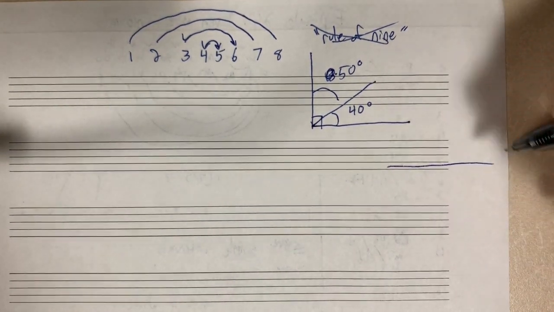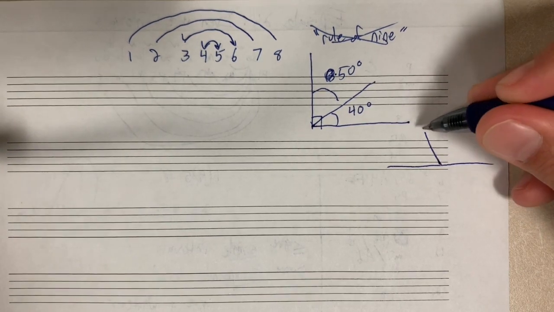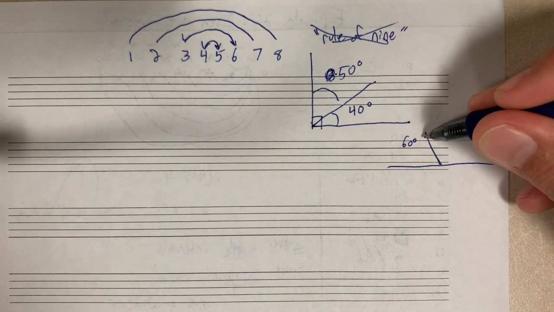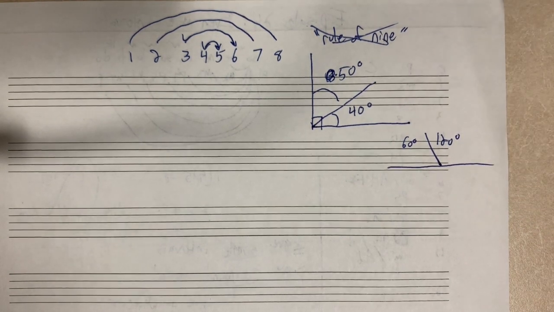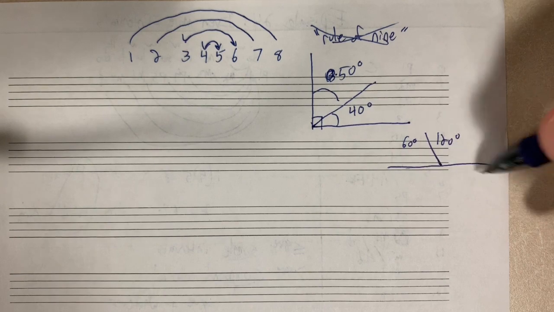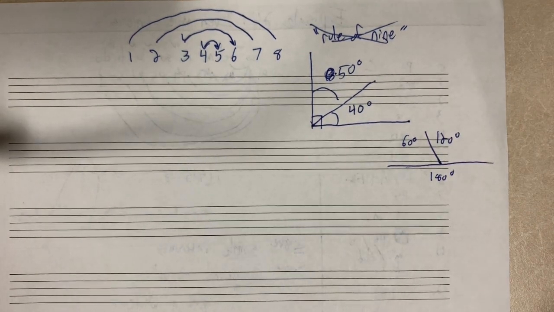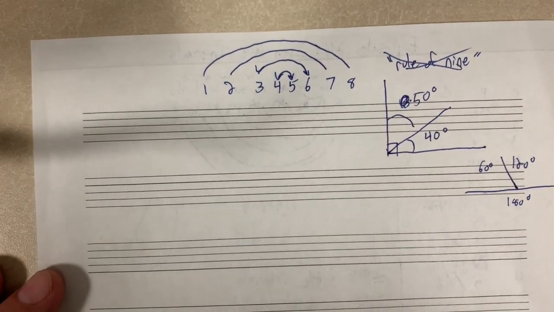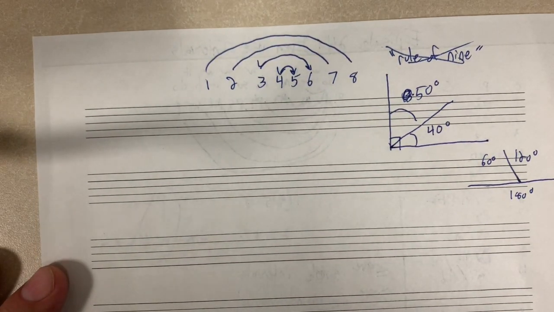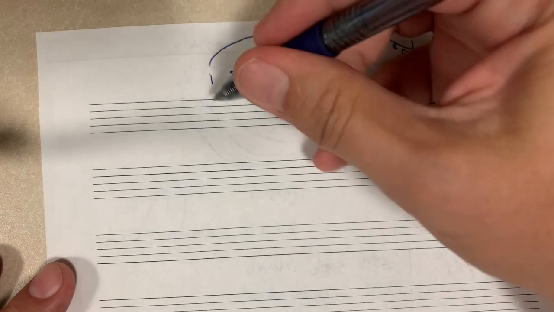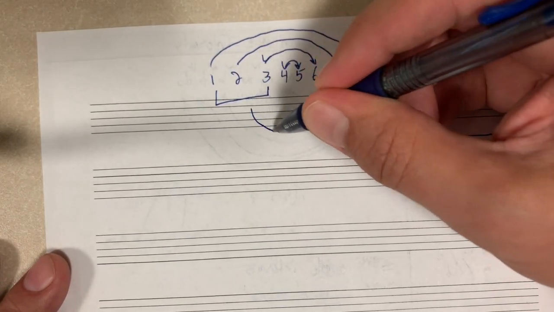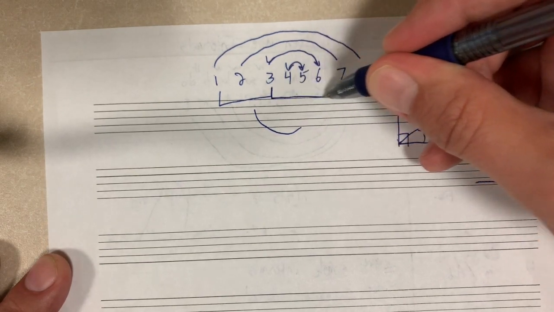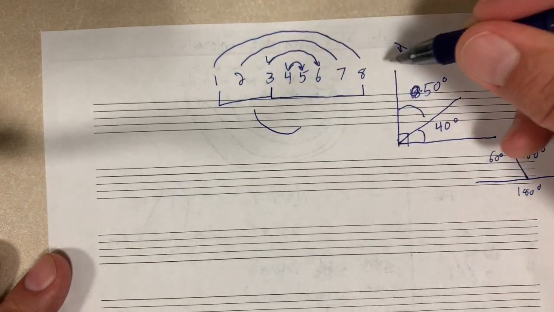Or supplementary angles add up to 180, right? So if you have, say, a 60 degree angle, then you still need a 120 degree angle to add up to a full 180 degrees. It's just like that with interval inversion. It's what the remainder is to add up to an octave. If you want a third, then the inversion of that third is going to be the remainder to make up the octave, because you pop the one up to an 8.